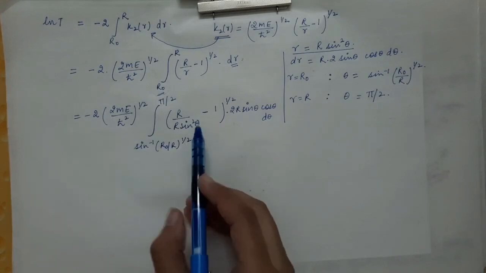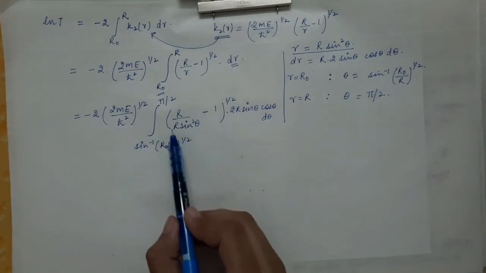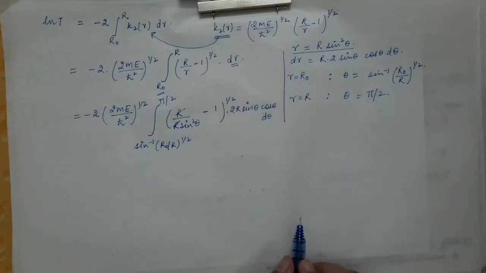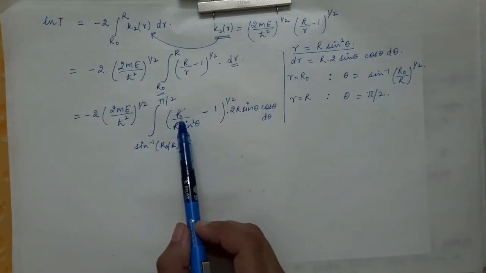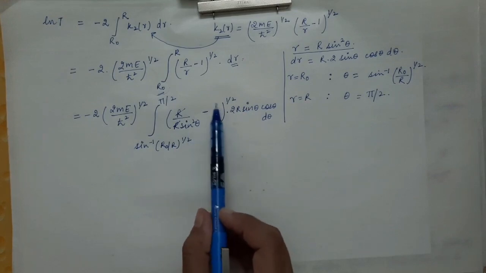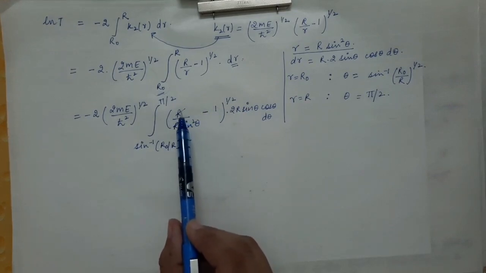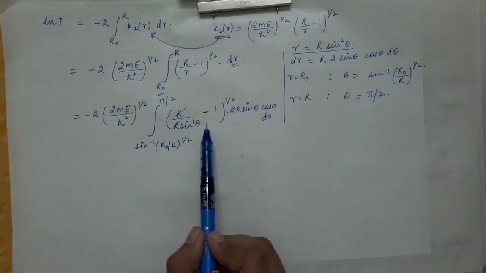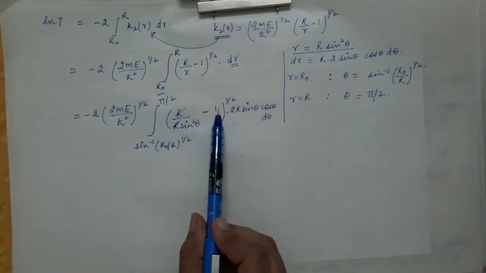So now we will simplify this expression. Here capital R and capital R will cancel with each other, and when you take the LCM, you will get 1 minus sine square theta divided by sine square theta. 1 minus sine square theta is nothing but cos square theta.